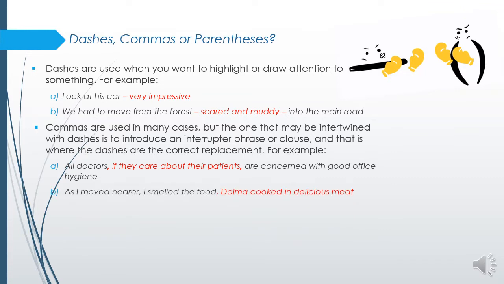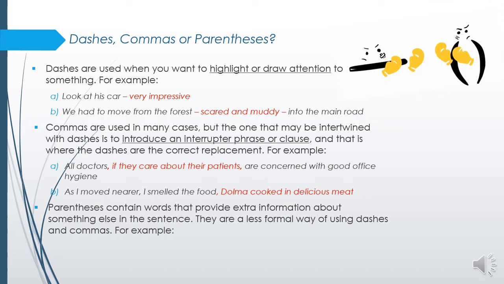"As I moved nearer, I smelled the food, dolma cooked in delicious meat." In this case as well, the comma is used to introduce an interrupter phrase, or clause, in this example. So we should replace the comma with a dash and then a period at the end.